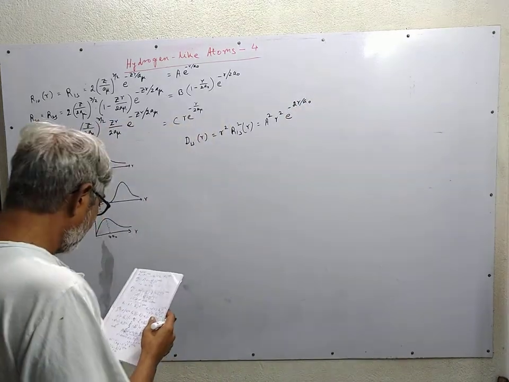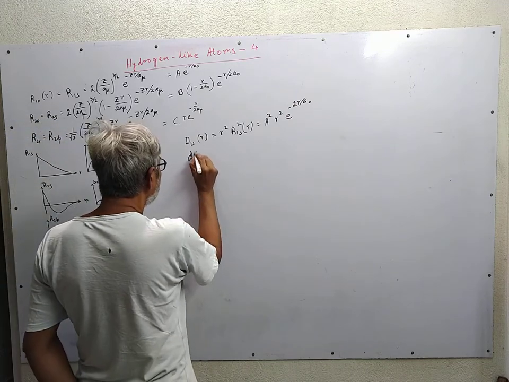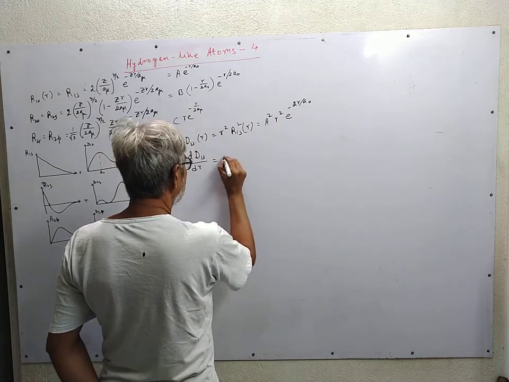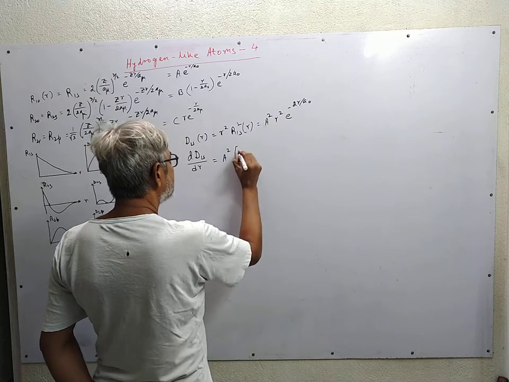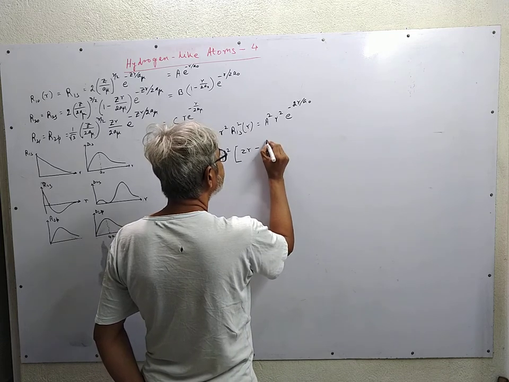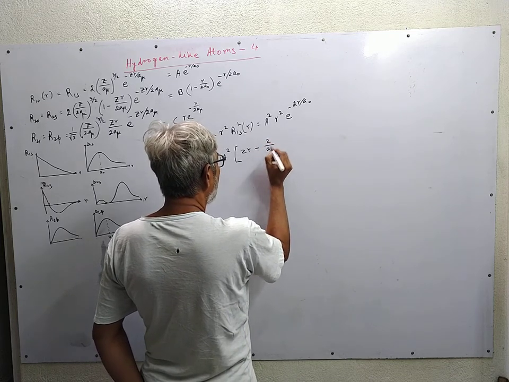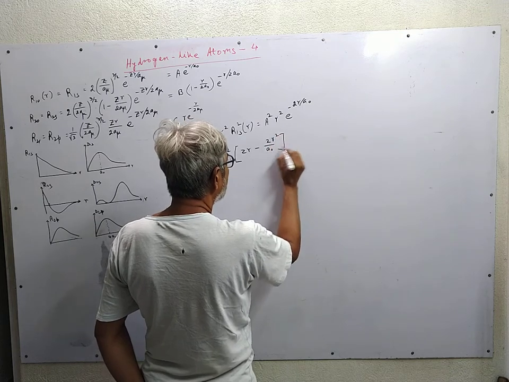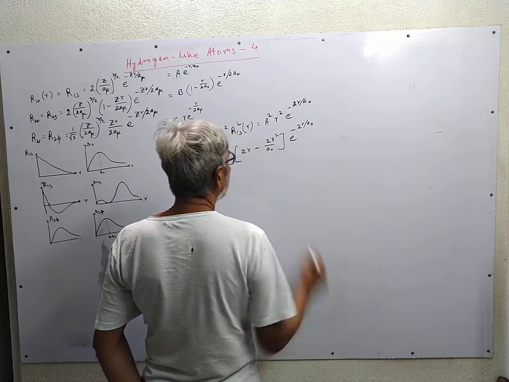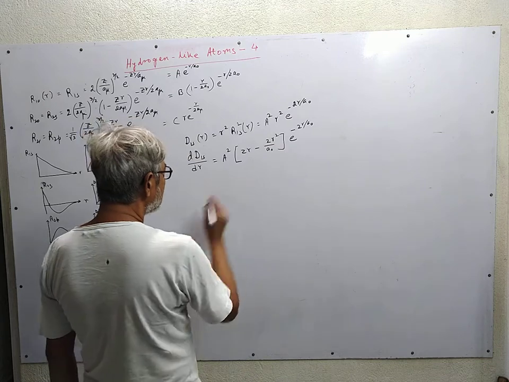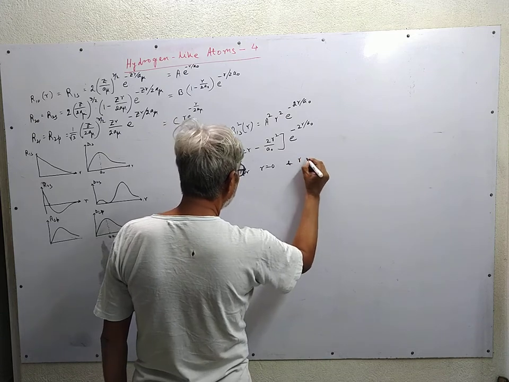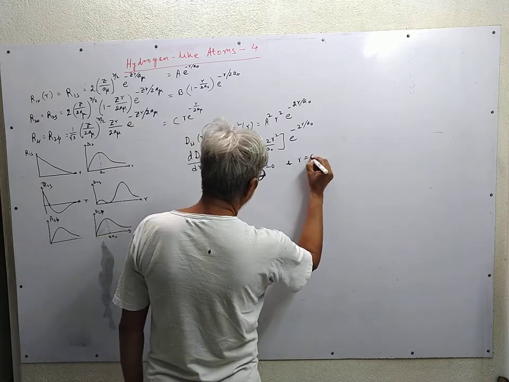If we differentiate this and set it equal to 0 for its maximum, we first differentiate this one, A square taken common, so this is twice r, and when we differentiate this one, we get minus 2 r square over a0. If we set it equal to 0, this is 0 for r equal to 0 and r equal to a naught.